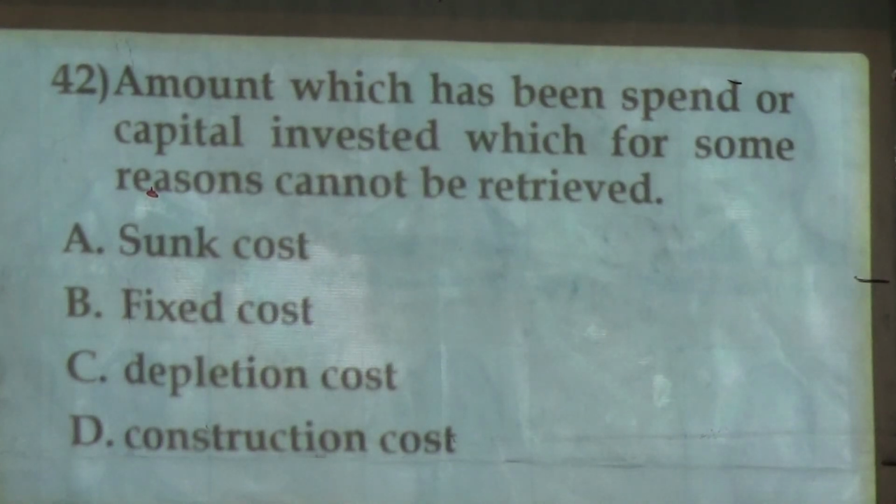Siyempre, ma-eliminate mo, alam mo na hindi yun yung sagot. Fixed cost, ma-eliminate ba natin yan? Yes, pwede yan. Construction cost, depletion cost. Alin dyan hindi mo alam? Okay? Sunk cost. So, yung sunk cost, yan yung hindi nare-repeat. Okay? Sunk cost yan.